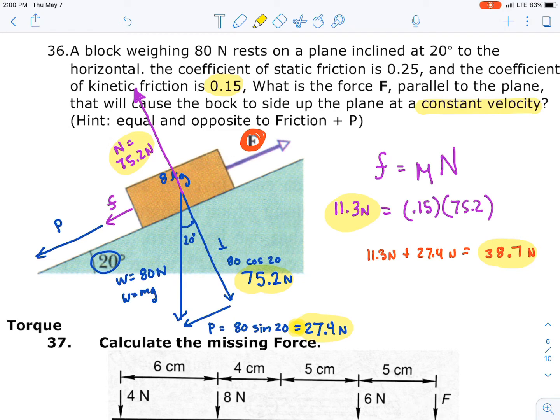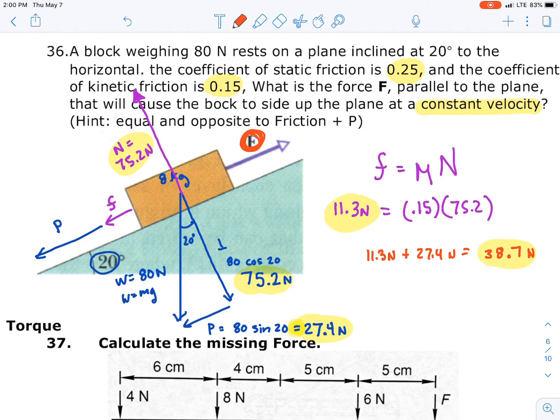Now, if we're going to find out the force to make it start moving, we would have just used this number right here, and we would have done the same exact thing. We would have said 0.25 times 75.2. Calculator.